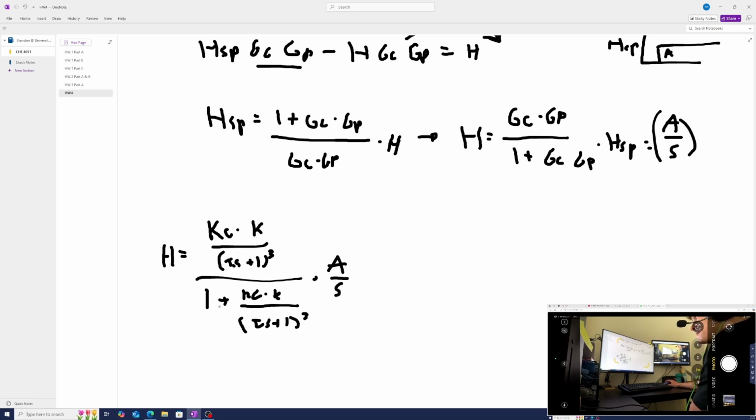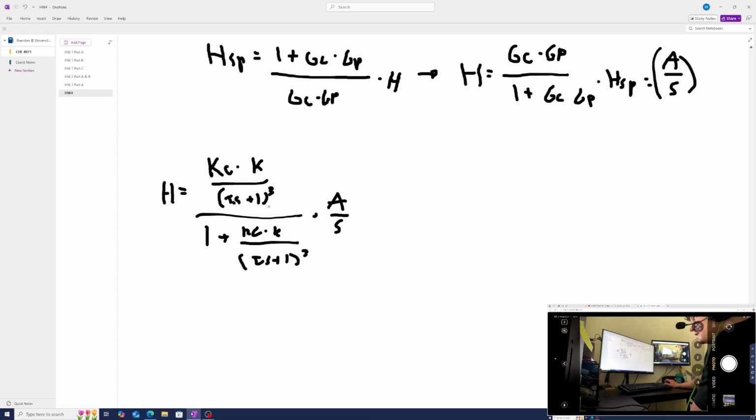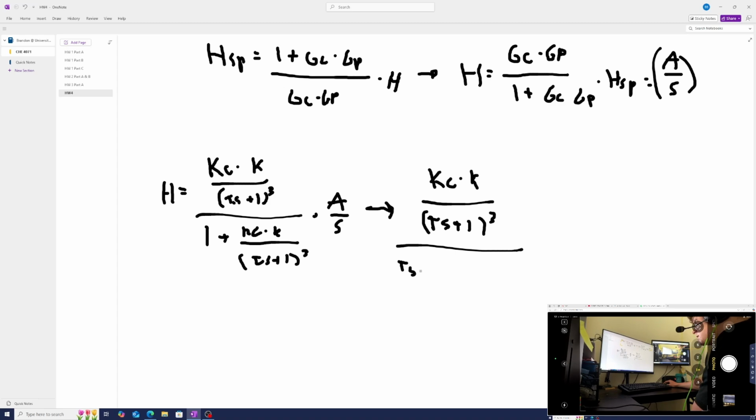We're going to simplify this more. So our 1, we're going to get a common denominator of tau S plus 1 to the third. So we'll move all of this around, giving us KCK over tau S plus 1 cubed, over tau S plus 1 cubed over tau S plus 1 cubed, plus KCK over tau S plus 1 cubed.